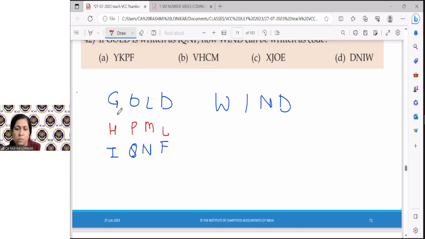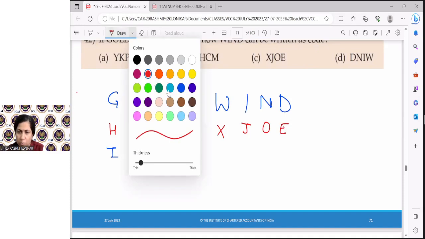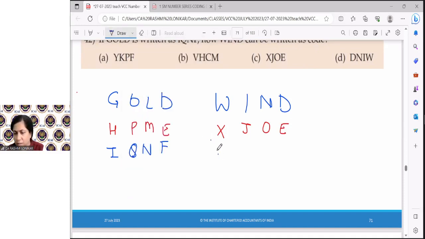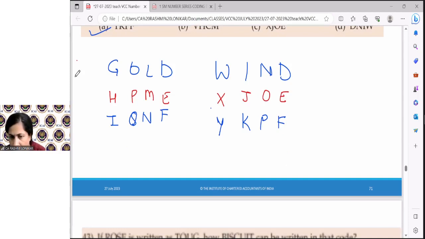Okay, so what this means is the coding will be one letter, and there will be a gap of one letter. So W, X, I, J, M, N, O, D, E. So what will the code be? Y, J, K, M, N, O, P, E, F. Y, K, P, F. Y, K, P, F will be the answer. Okay.